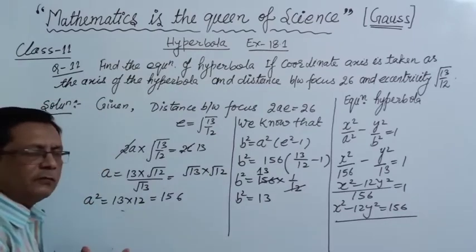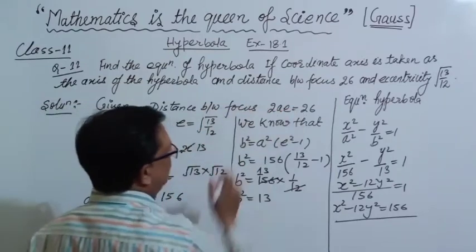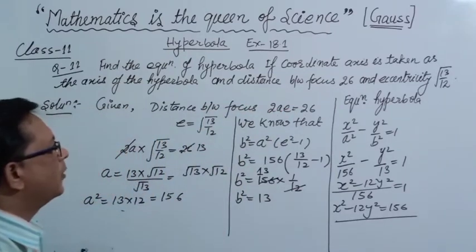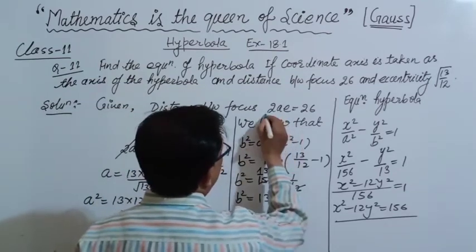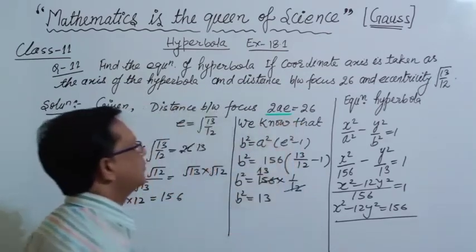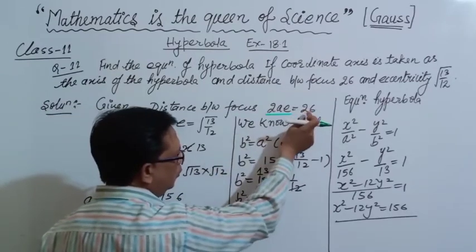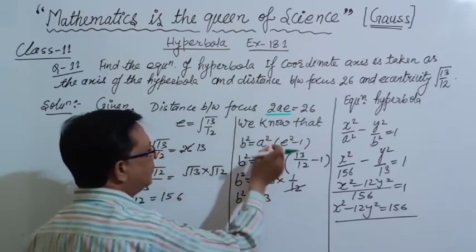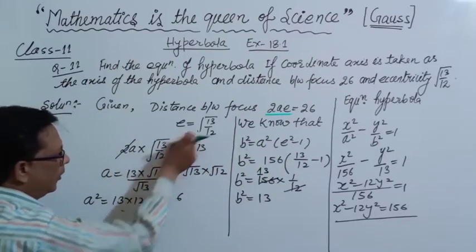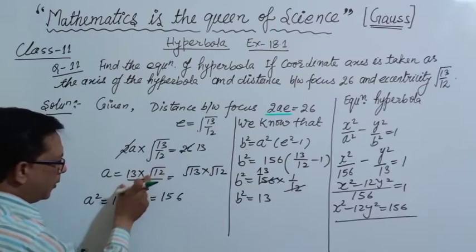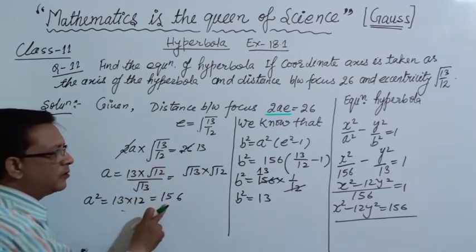Again, listen to what happened in this question. The distance between the foci is given, and the distance between the foci is 2AE. 2AE is given as 26. So 2 cancels out 26, this gives 13. Now we substitute the value of E here, cross multiply and solve this. We get the value of a square 156.